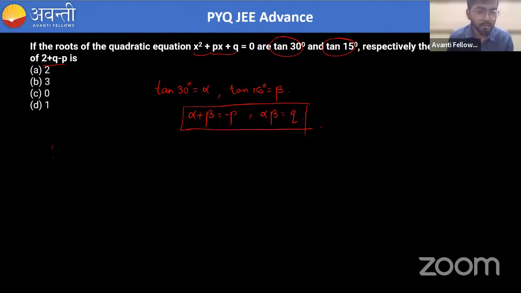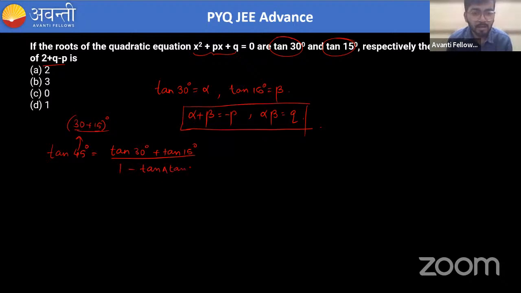Now I know that tan 45 degree can be written as tan of (30 plus 15). I am splitting this 45 in two angles, that is 30 degree and 15 degree. So tan of (A plus B) is (tan A plus tan B) upon (1 minus tan A tan B).